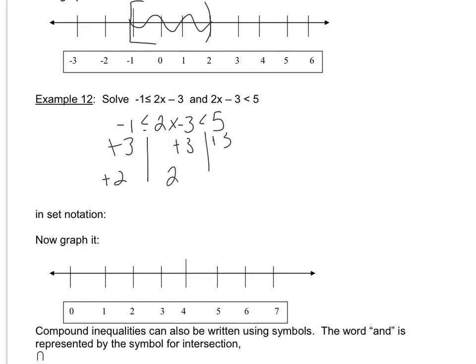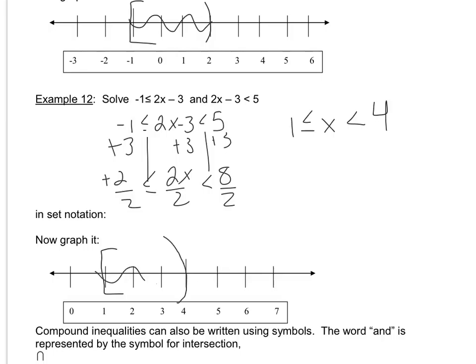Positive 2, 2x, 8. Divide by 2. You get 1 is less than or equal to x and less than 4. So the 1 has the bar, the 4 has the parentheses, shade in the middle. So those are compound inequalities dealing with and, okay?